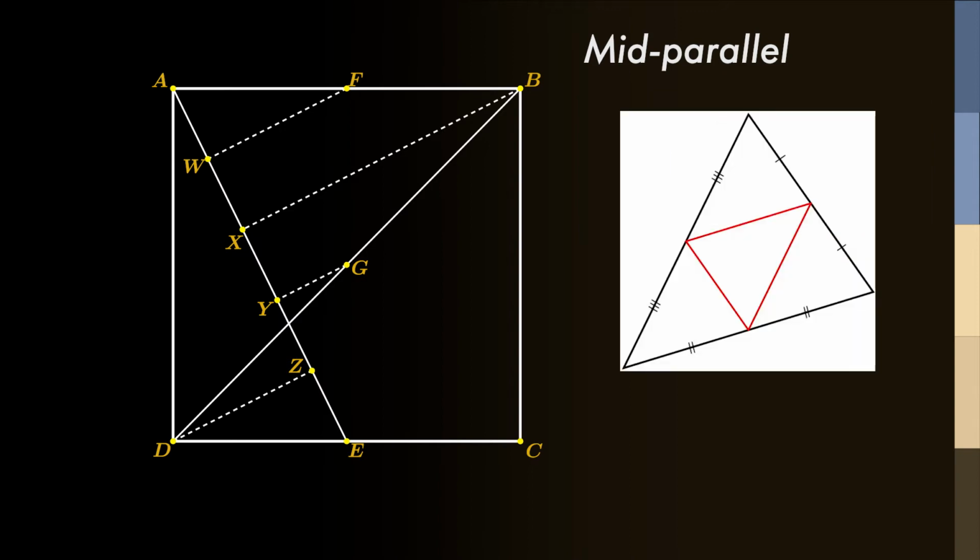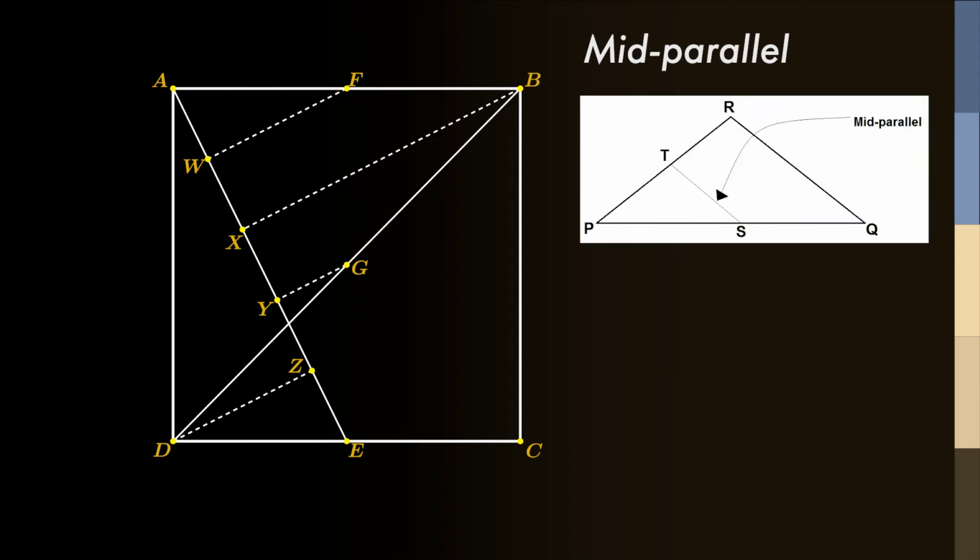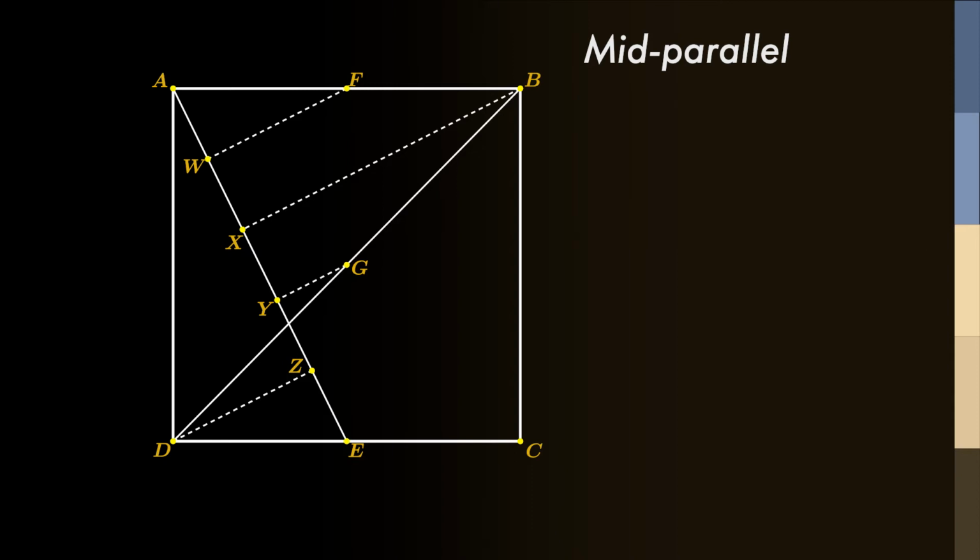We can do that for each pair of sides, so consequently, every triangle has 3 mid-parallels. In reverse, when a line is parallel to one side of a triangle and intersects the middle of another side of that triangle, that line will cut the third side of the triangle in half.